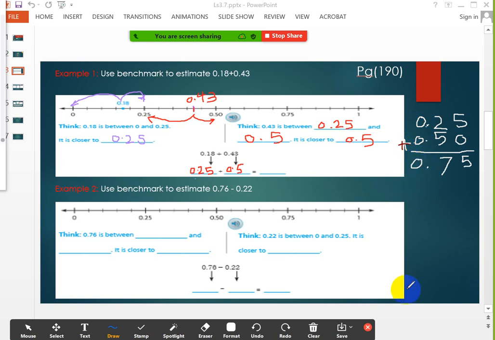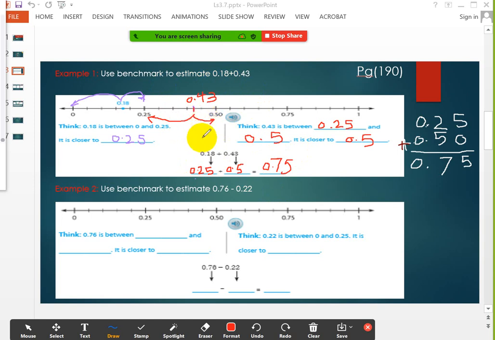Okay? So this is the strategy for adding two decimal numbers. So the answer for this addition, or this estimate, will be 0.75. Okay?